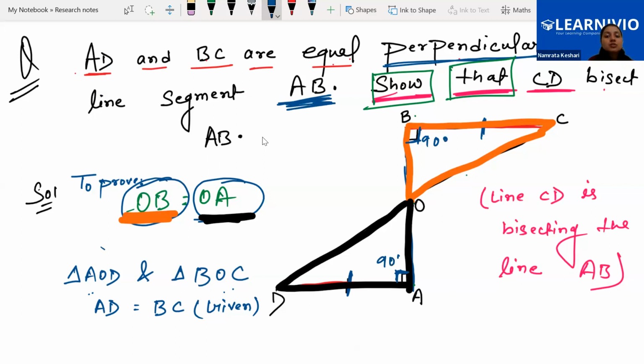It is already given in the question that BC and AD both are perpendicular to AB. So we will be writing it over here: in the black triangle, angle A, that means angle DAO, is equal to the orange color triangle's angle B, that means angle CBO or OBC, whatever. Both are 90 degrees, already given.